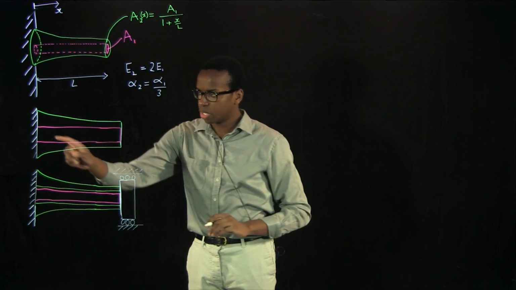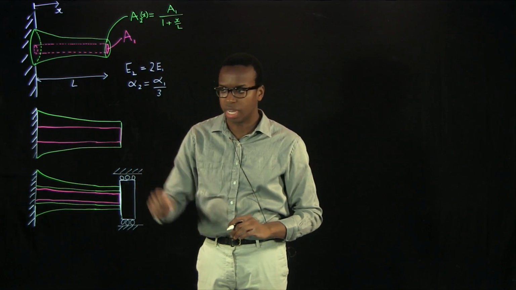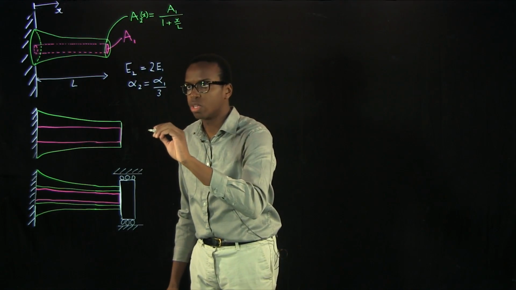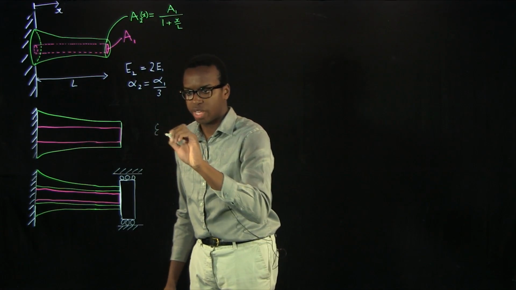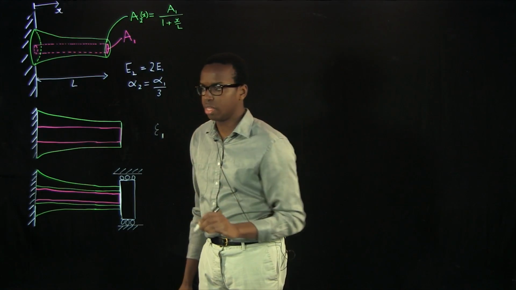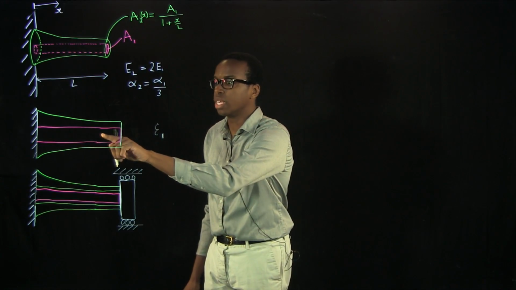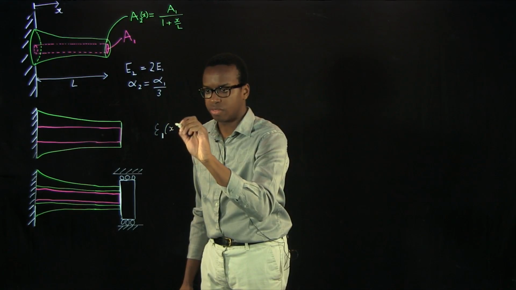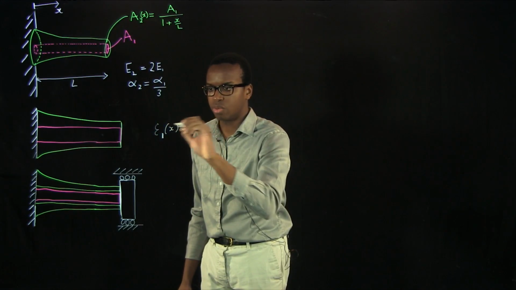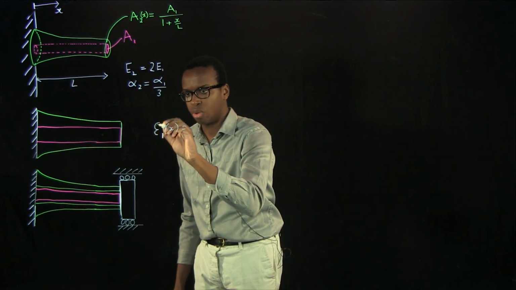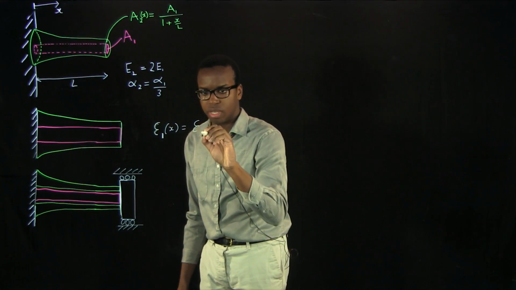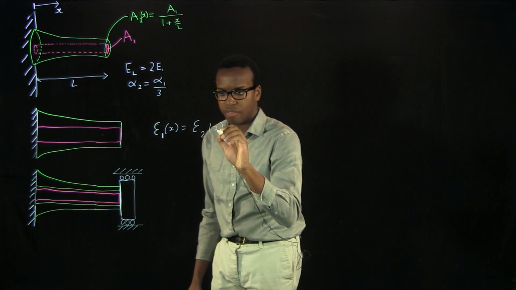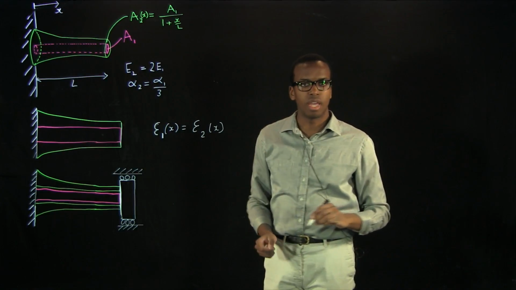In this first one, because it's bonded throughout the entire length, we know that for all cases, the strain in bar 1, the core, as a function of x, is equal to the strain in bar 2 as a function of x throughout the entire length of the bar.